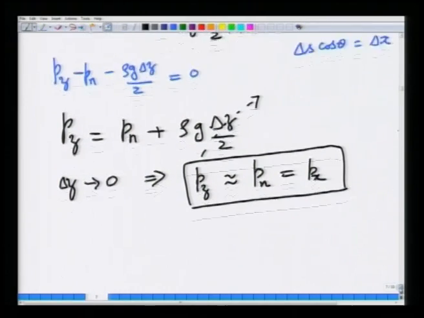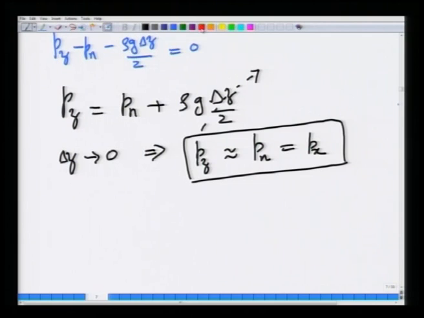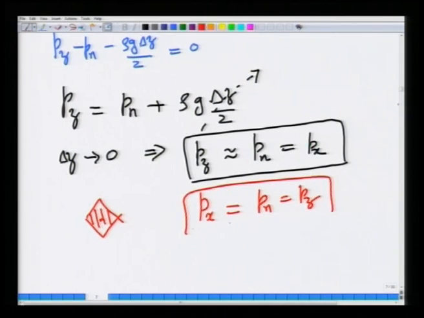What we end up showing finally is that if you take a point in a static fluid and want to measure the pressure, you will measure it by taking a tiny area, and the area can be oriented in any way. What we have shown is that P x, P n and P z are the same, and it is independent of orientation of the surface.